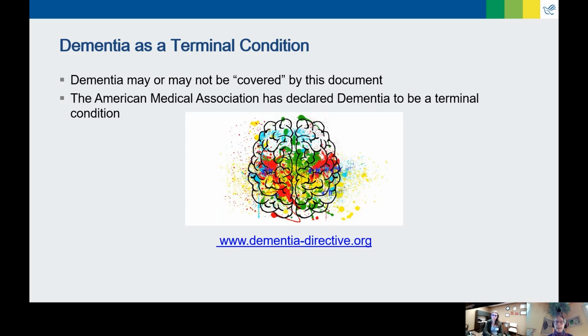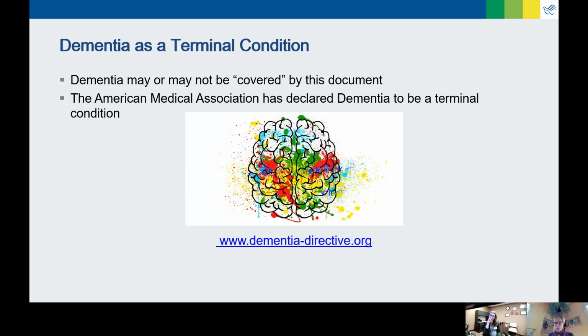The reason why it's helpful to talk about dementia separately is that even though dementia is a terminal diagnosis, it may or may not be covered by most advanced directives because the wording in most advanced directives says that the terminal diagnosis would likely cause death within a short period of time. And what we know about dementia is that it can last for many, many years. So it may or may not be covered in advanced directive.